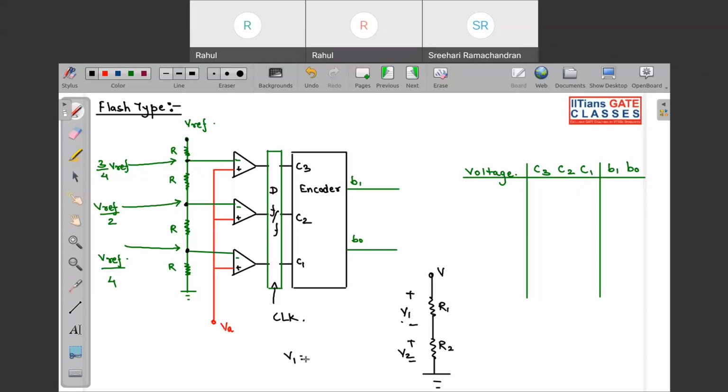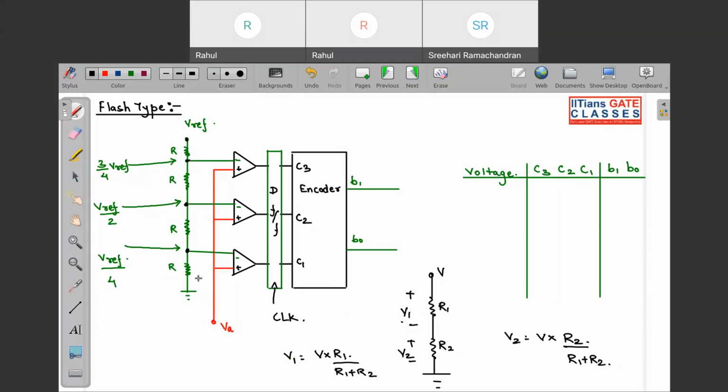So V1 will be equal to what? According to voltage divider theorem, it will be V into R1 divided by R1 plus R2, and V2 will be equal to V into R2 divided by R1 plus R2. Okay, so this is your voltage divider theorem.